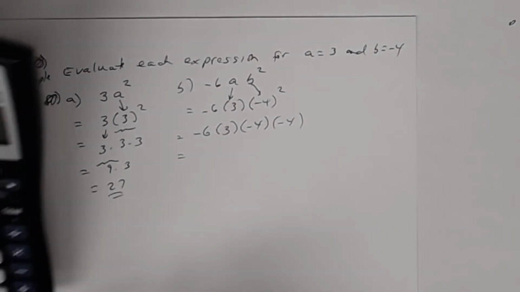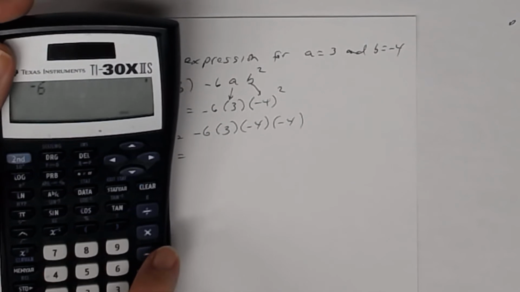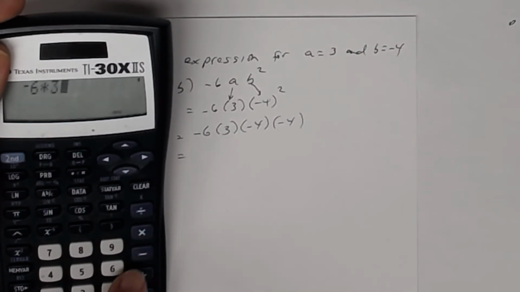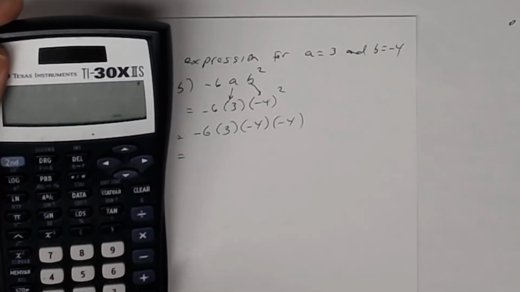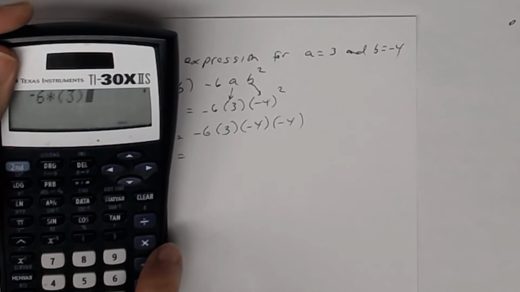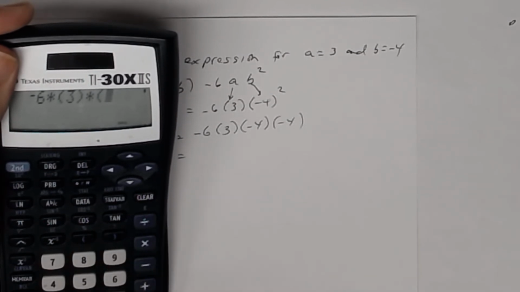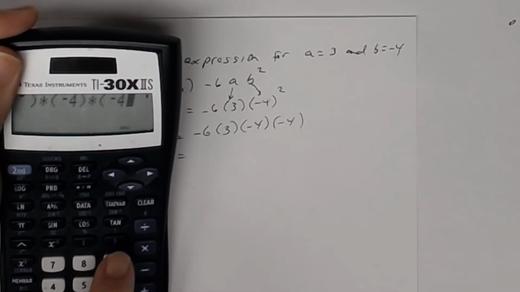So let's just use the calculator. Negative 6 times 3, and I'm going to put that in parentheses like I have it so you don't get confused. So negative 6 times 3 in parentheses times negative 4, just like this, times, and then in parentheses negative 4 again, okay?